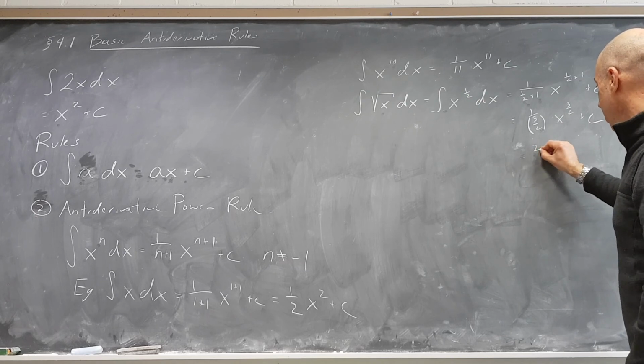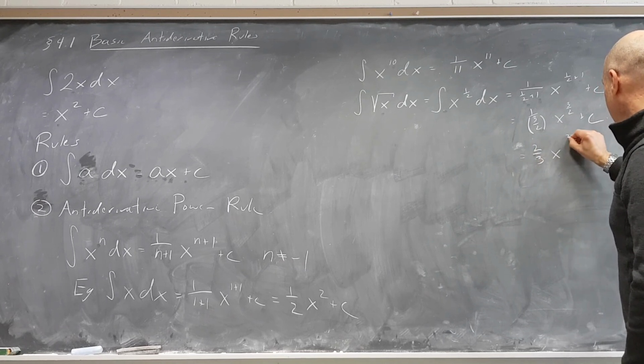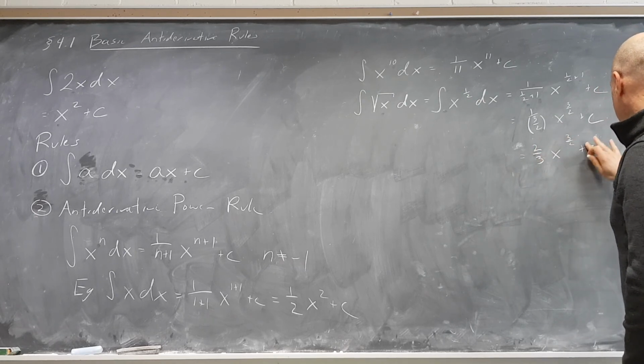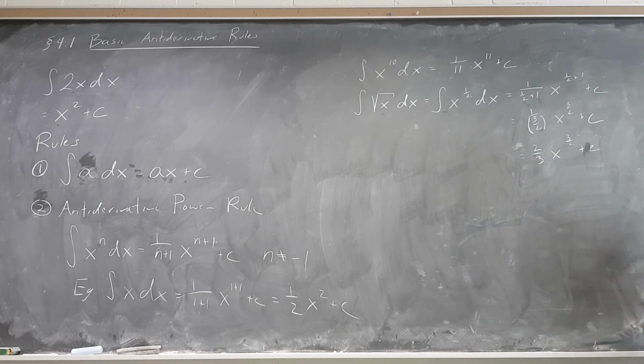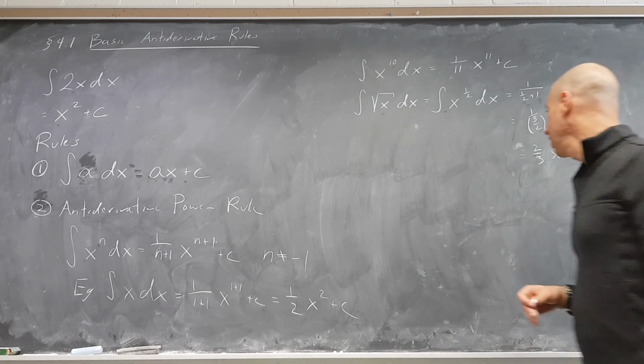This is just 2/3 x to the 3/2 plus a constant. So this is a very powerful rule. Let's use it again.